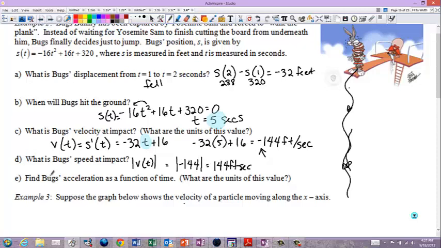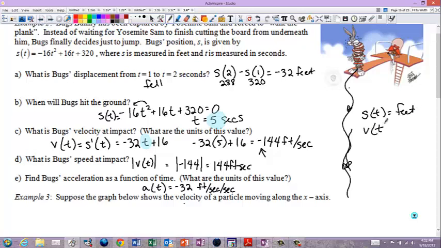Find Bugs' acceleration as a function of time. His acceleration is the derivative of velocity. Well, if the velocity is negative 32t plus 16, the acceleration is just going to be negative 32. And that's feet per second, because to figure out the units, position is just feet.